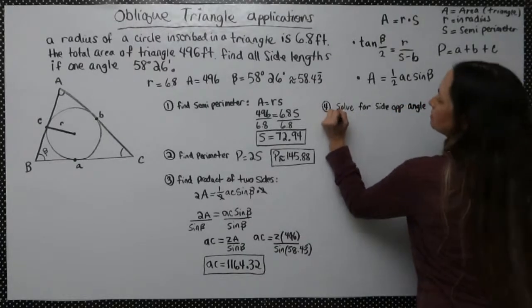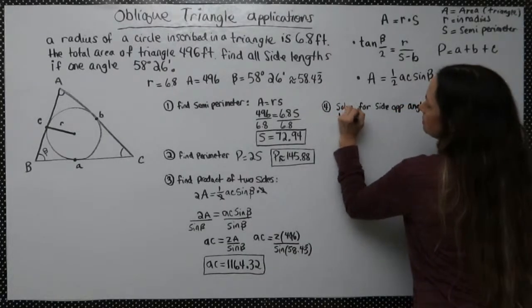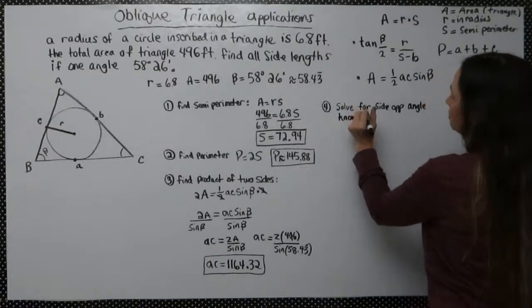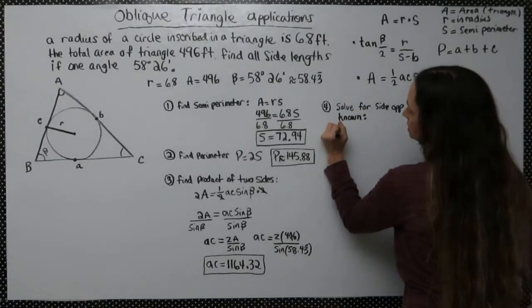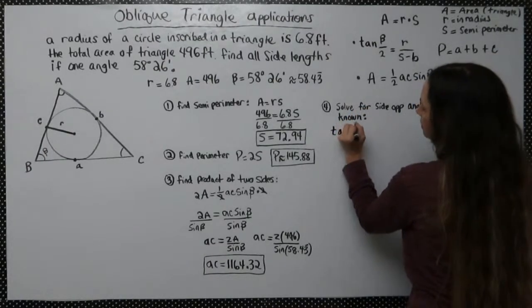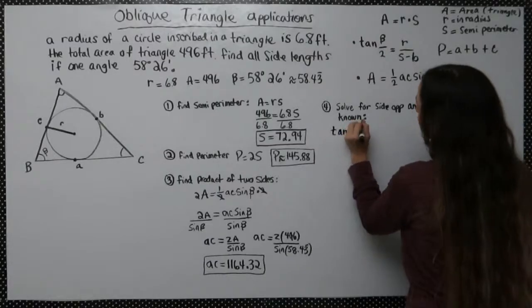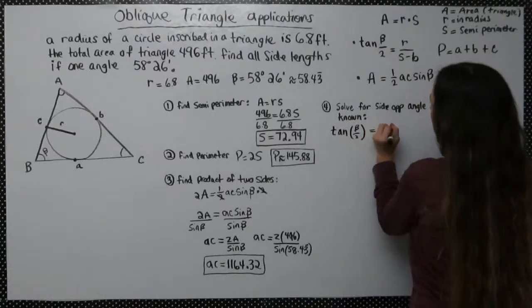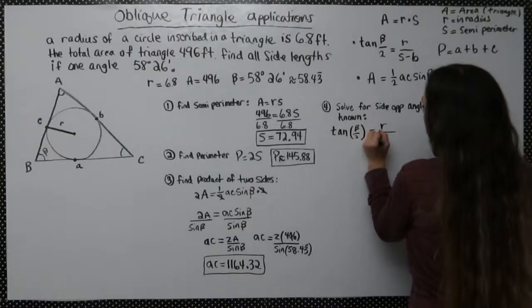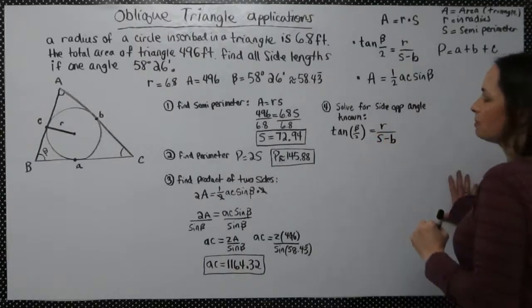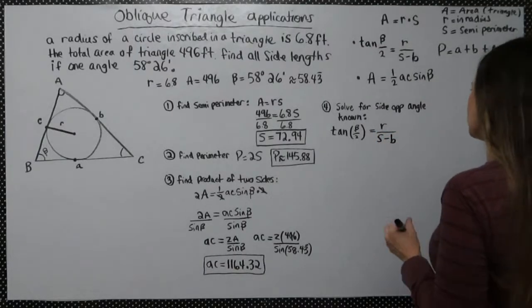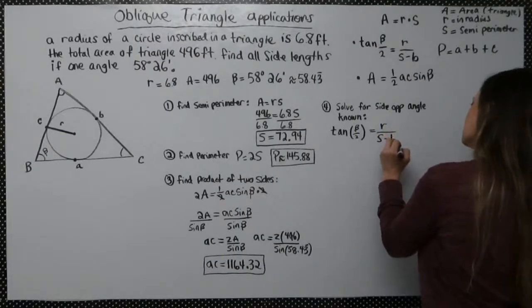That is known. And we use tangent. So say tangent of beta over 2 equals R over S minus B. And remember, we solved for B yesterday, so we're going to go ahead and do that again.